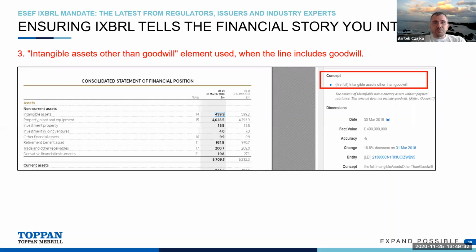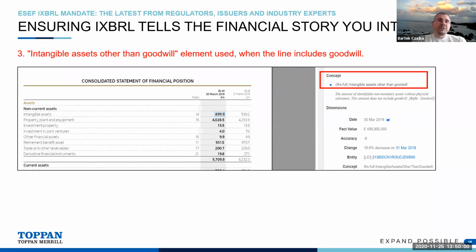The line is called intangible assets, and the element intangible assets other than goodwill has been used. But when you actually go into note 14, you look at it and you see that goodwill is included in that number. And actually for that company, it was about 80% of that position was goodwill. And yet the element used was other than goodwill. So it will mislead the users as to whether the company has goodwill and how much of it has.